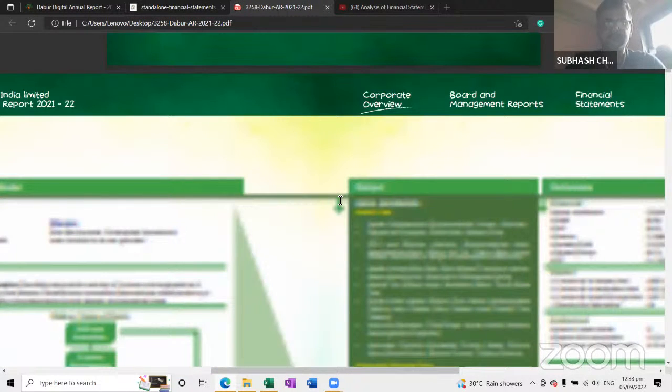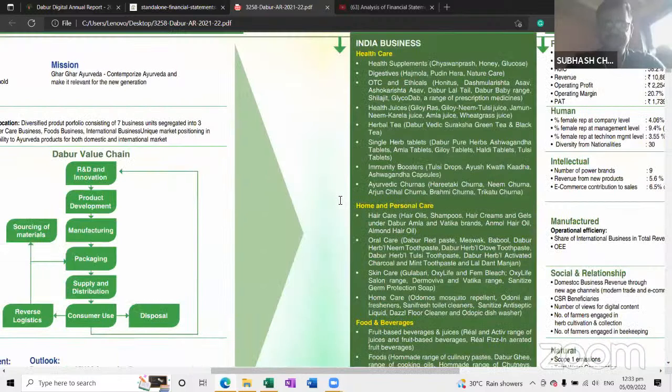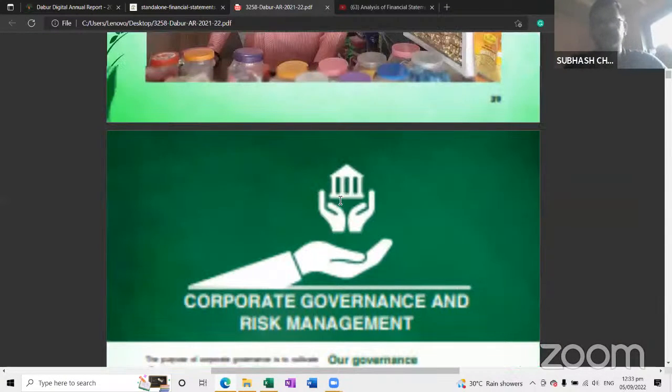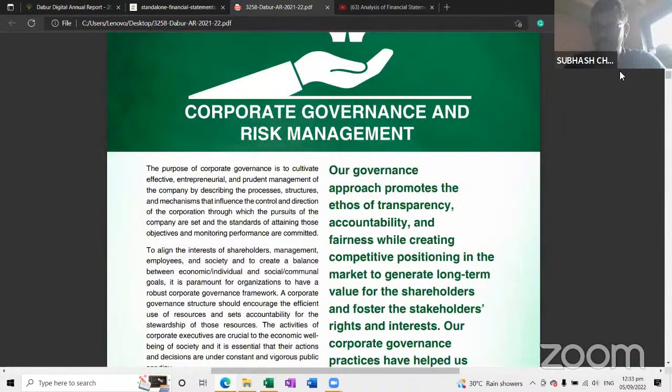The business model you can understand here, strategy, how they are doing, corporate governance, risk management. So basically everything is given. Now let us go to the financial part. Just give me a moment.